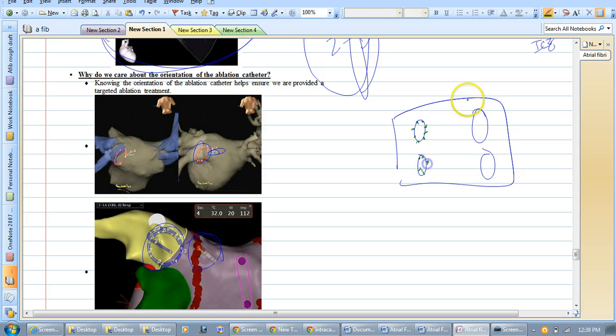What we're trying to do is avoid picking at the exact same spot over and over and over. So by having a lasso, we have a visualization of the ablation catheter, which is going to help compensate for the fact that we're over 4 feet away from the patient's heart. We don't have any direct visual stimulus and very minimal tactile feedback. So having that orientation is going to ensure that we are putting the ablation catheter where it needs to go.